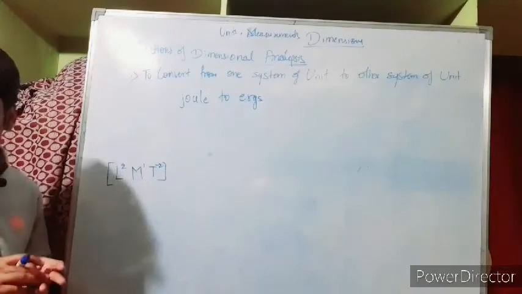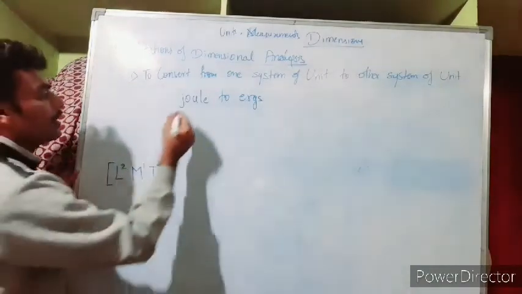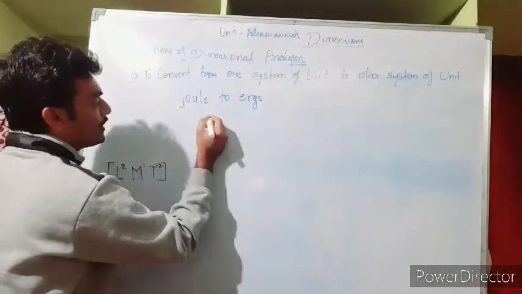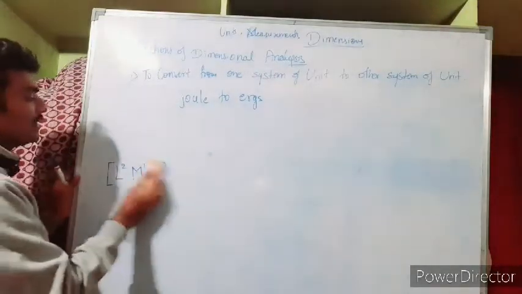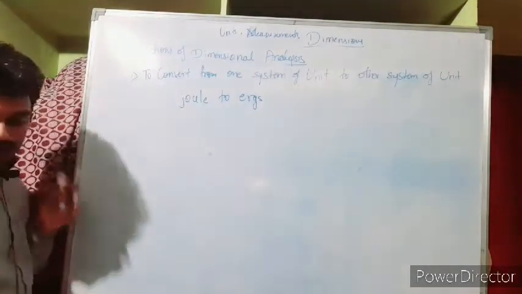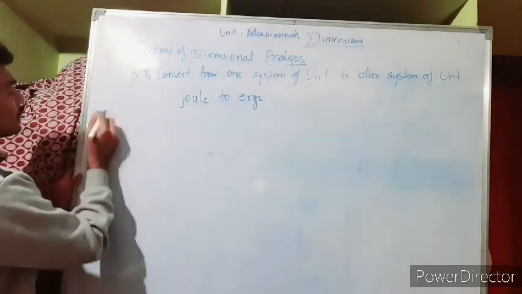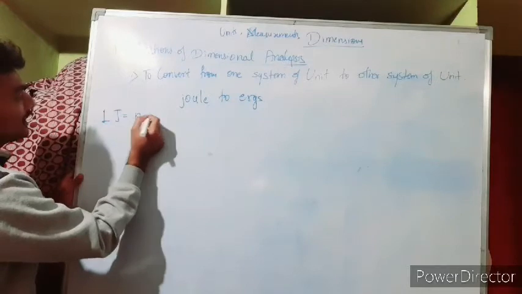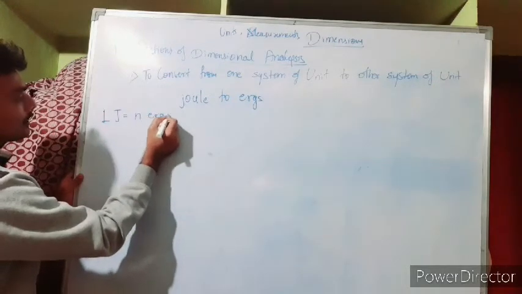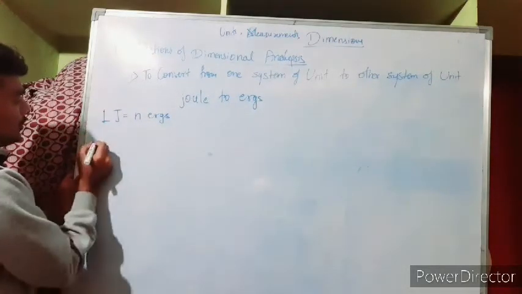So we are going to follow the same steps now. We'll start with 1 joule is equal to some n ergs, because that's how we convert. What is joule?